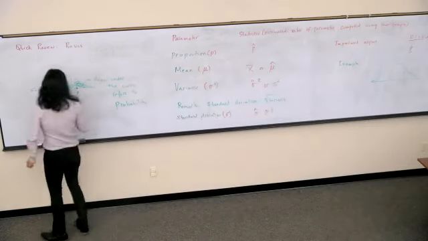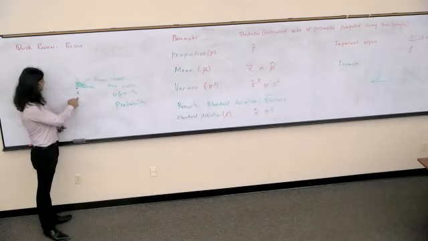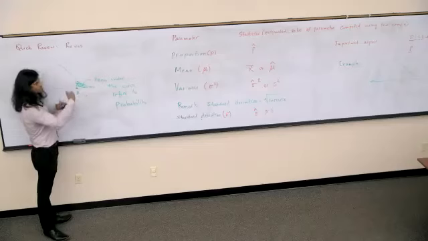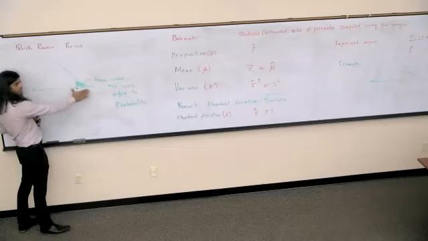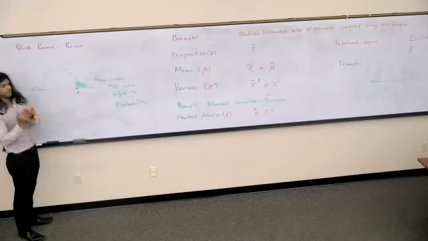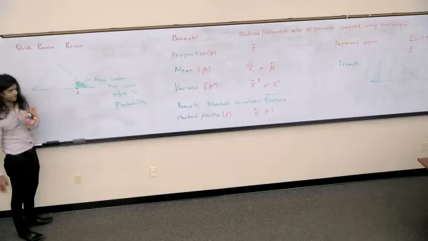Z-score, t-score, just a value, all of those belong on the x-axis. So you need a score to determine probability.